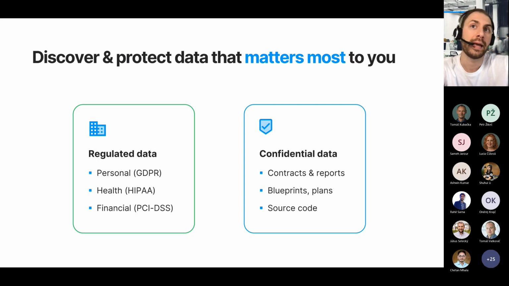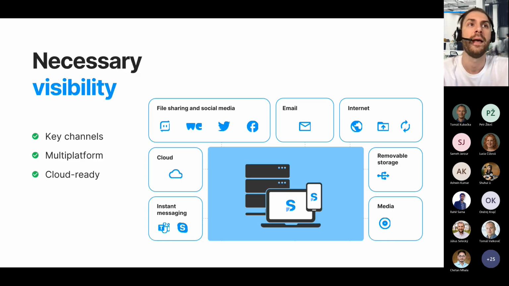So what Safetica Next does, it basically searches for regulated data like personal, financial, or health, and it also searches for business sensitive or business critical or confidential information like contracts, plans, blueprints, or even source code in the case of software companies. And when it finds that, it is also capable of protecting it from leakage, easy as that.